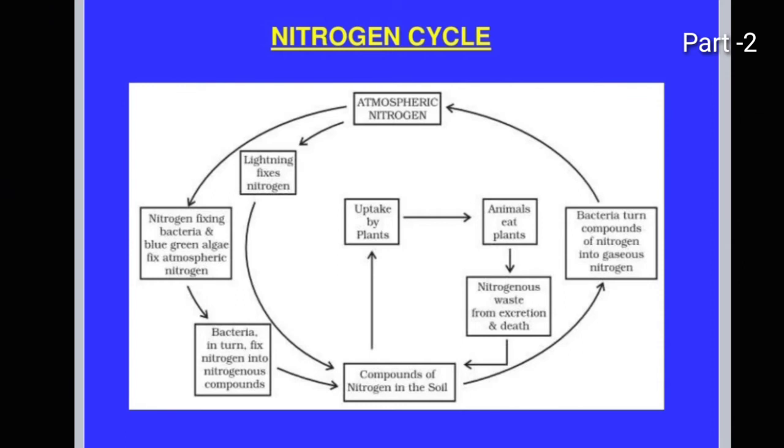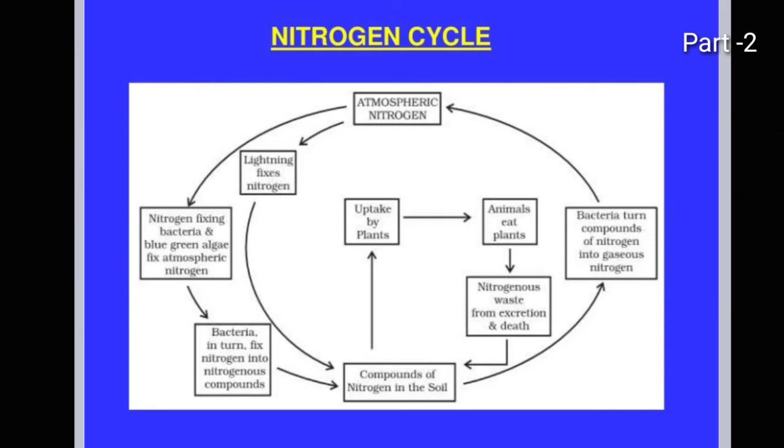Next is nitrogen fixing by bacteria and blue-green algae. These bacteria will turn atmospheric nitrogen into nitrogenous compounds, and these compounds will go into the soil. In this way, this whole cycle continues again and again.